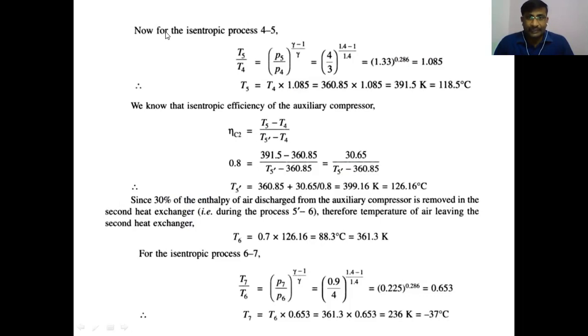Here I will write the equation again. The enthalpy at 5 dash, H5 dash, is the enthalpy contained after compression. It is Cp into the temperature at 5 dash. This is the enthalpy at 5 dash. But what is the enthalpy at 6 after the second heat exchanger?